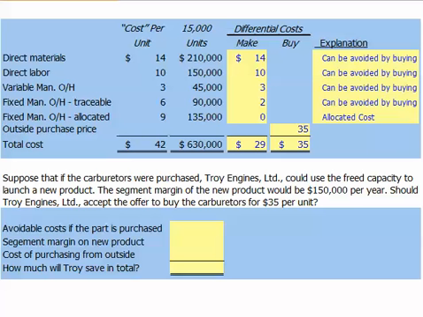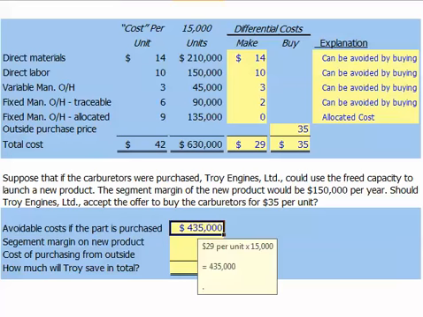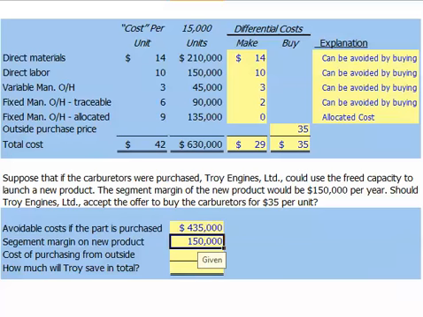The first thing we need to do is consider the avoidable cost if the part is purchased. And the avoidable cost if we purchase from an external supplier would be $435,000. That's the $29 per unit we calculated above times the 15,000 units. The segment margin on the new product that we were going to launch was going to be $150,000. We need to compare these two costs with the cost of purchasing from an outside supplier.